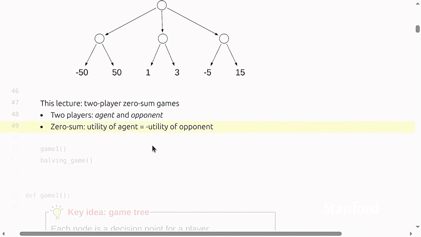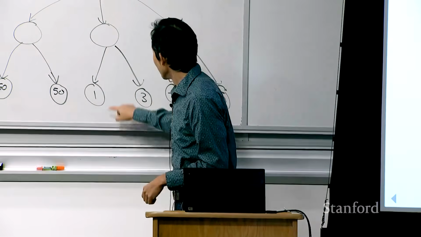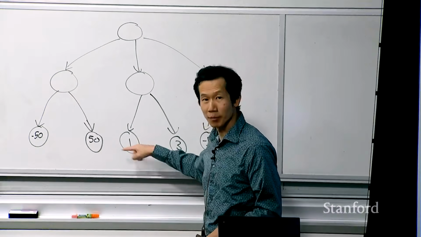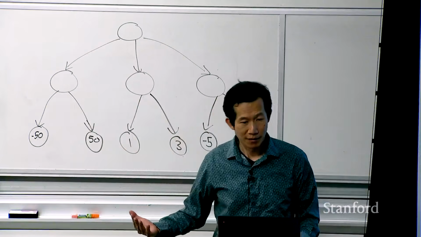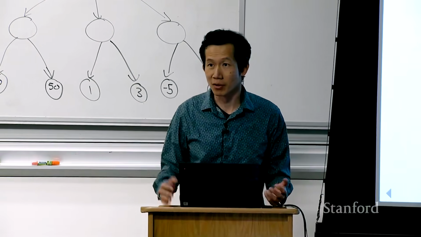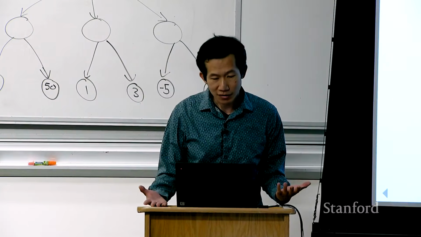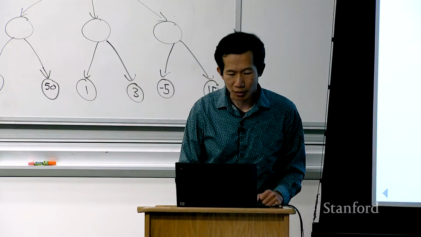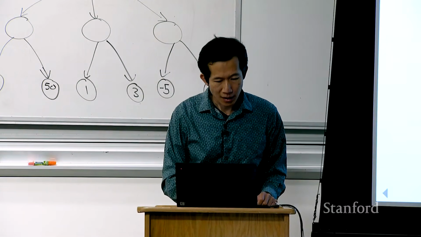So if you add those two things together, you get 0. That's why it's called zero-sum. So in particular, if the agent gets the utility of 1, the opponent gets a utility of minus 1. And everyone is trying to maximize their utility, so the total utility is 0.